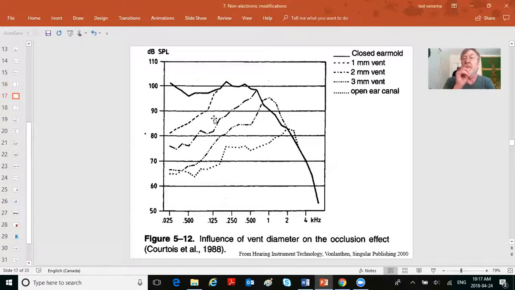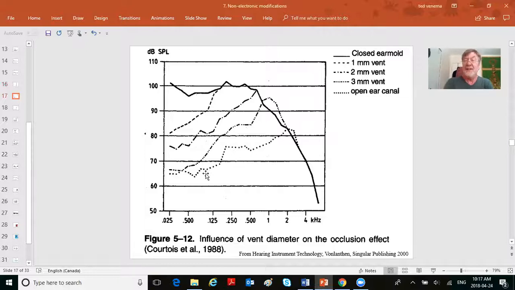So here's a picture showing you what venting does. dB SPL along the vertical axis, frequency along the horizontal, and what's the effect of venting? Well, a closed ear mold with no vent, there's no reduction of the lows. A 1 millimeter vent, a little bit of reduction. 2 millimeter, more of a reduction. 3, more reduction. And then here's the open ear canal.